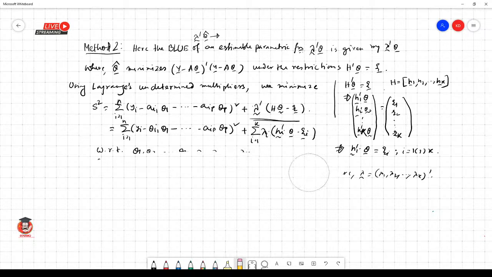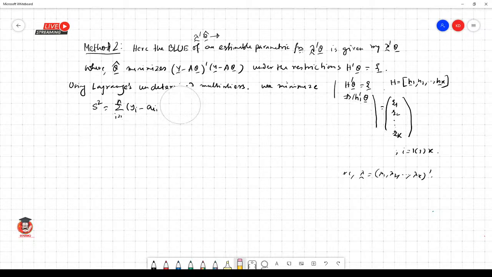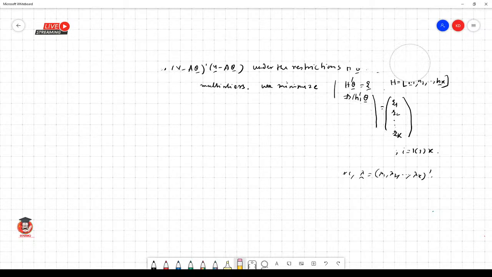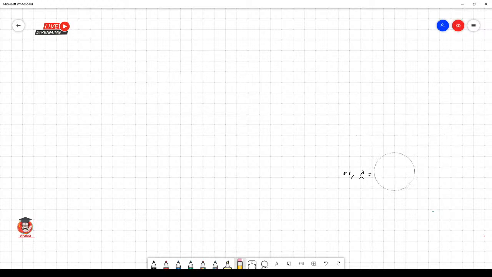So please tell me, have you any problem regarding method 1 and method 2? Any doubt? Shubhajit, Shubhadeep, Shohini, Ruchira, please tell me.